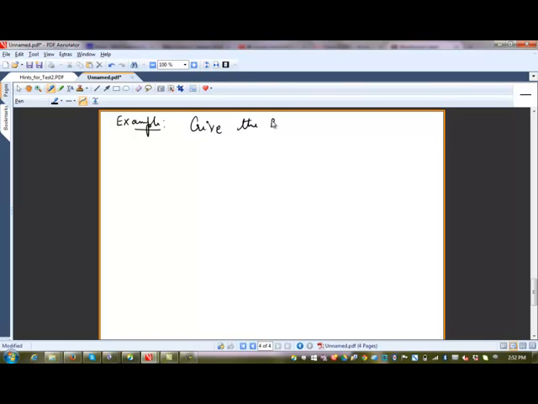Give the Laplace transform of f(t), where f(t) is t when t is between 0 and 5, and it's e to the power minus 3t, let's take another number because you might confuse it with this 5, for t bigger than 5.